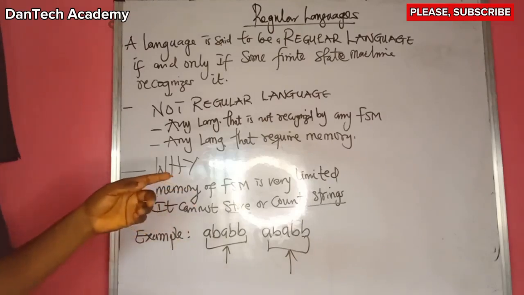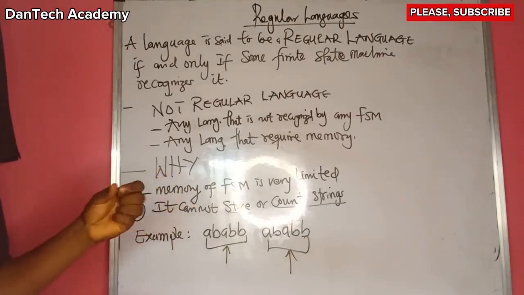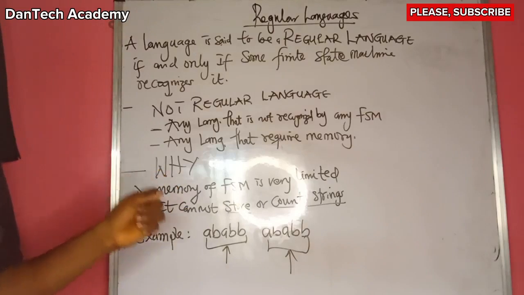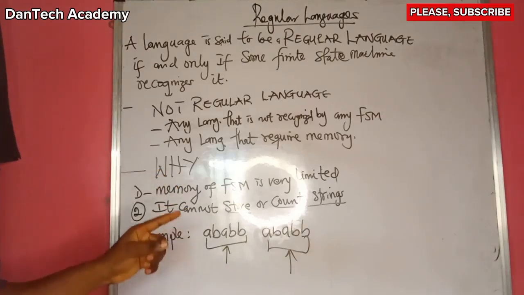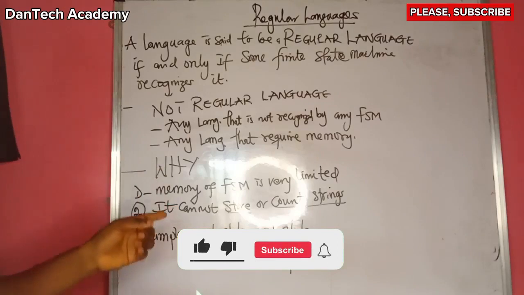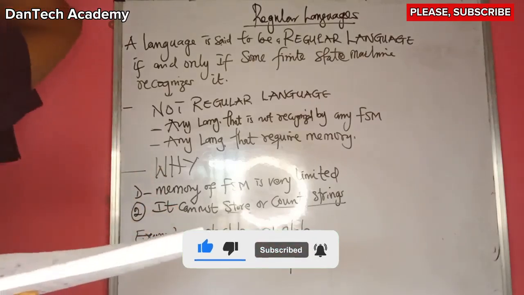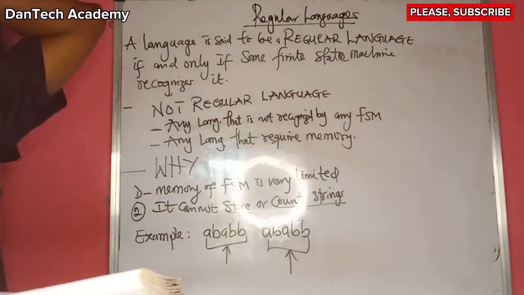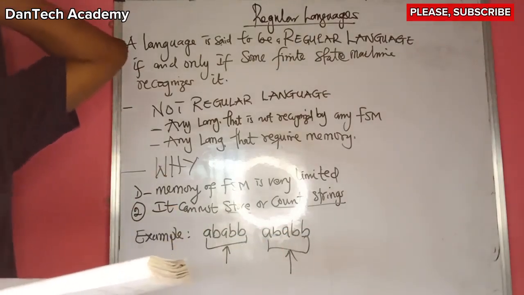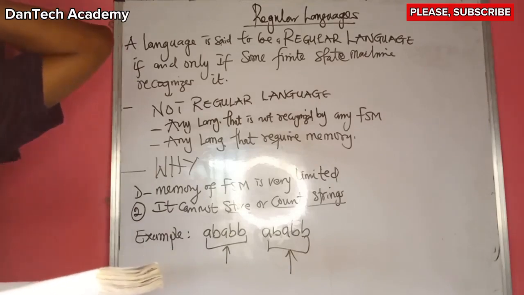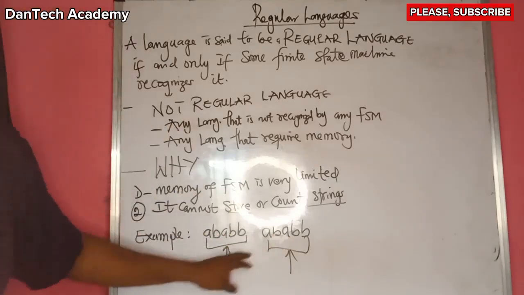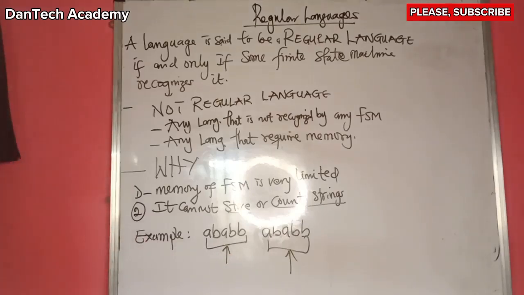So the reason it was repeated is simply because it was stored or counted. But FSM, which is finite state machine, does not store or count strings. Therefore, this string here is not FSM.